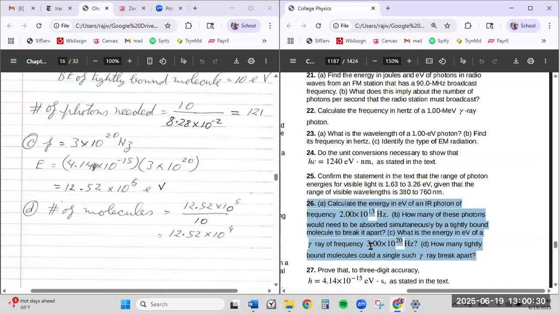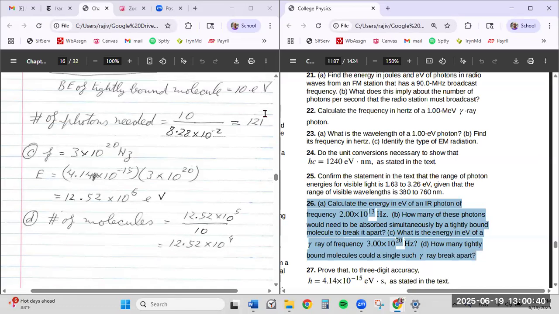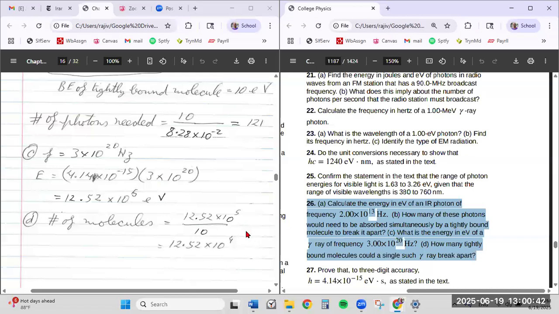So the question is different in parts B and D. In part B, we were asked how many photons are you going to need to break apart a molecule. In the next one, how many molecules can a single photon of gamma ray break. So that's why you notice how the ratio is set up differently.